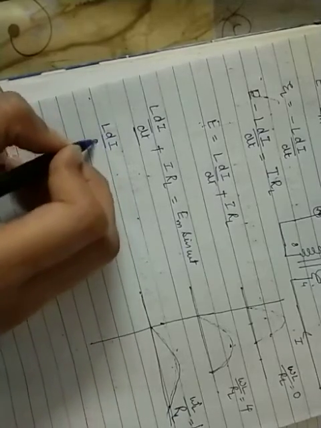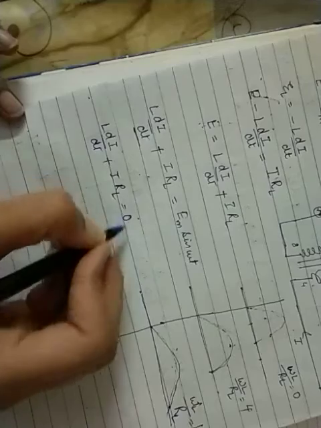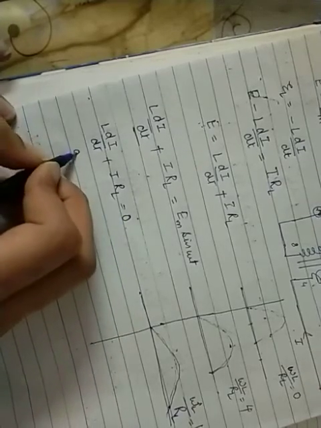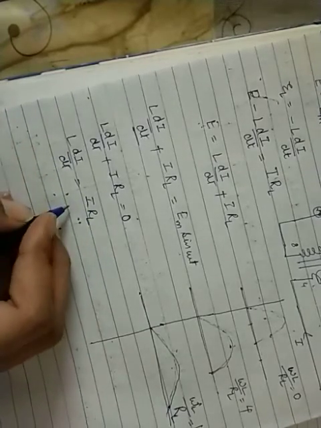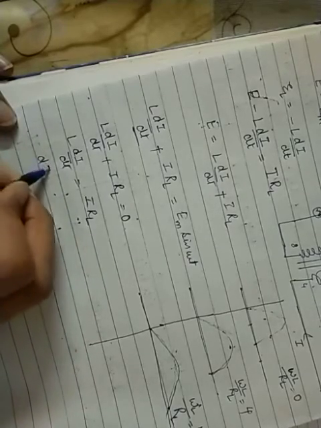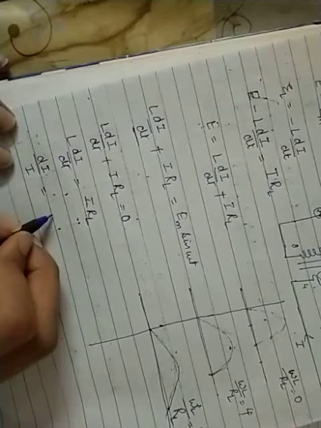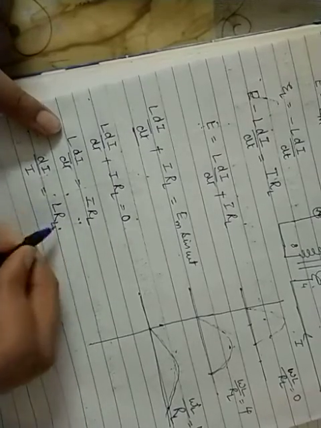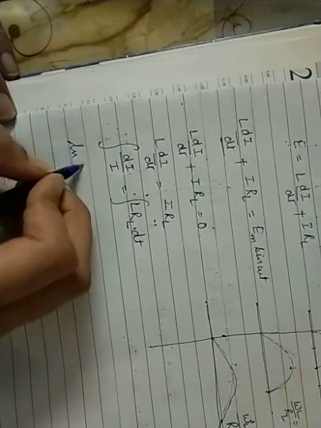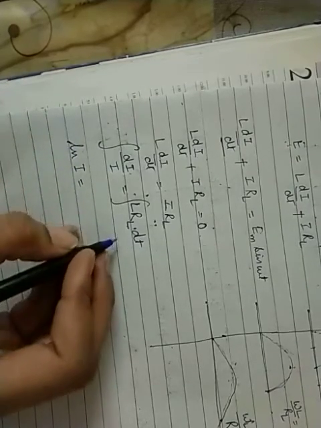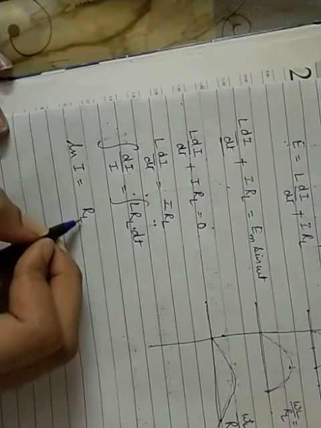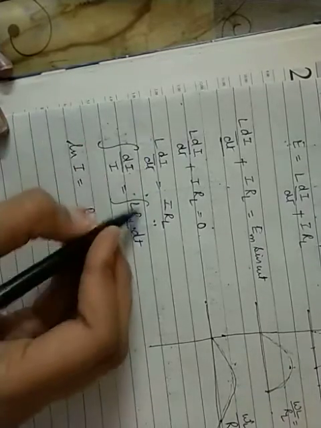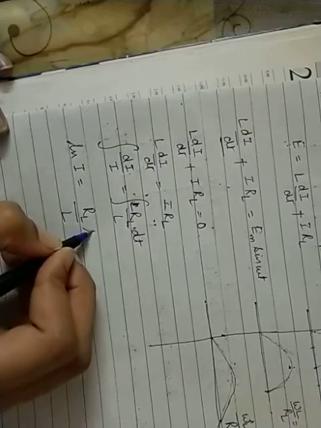So we have L di by dt plus I RL equal to 0, and from that we can write L di by dt is equal to minus I into RL, and then we have di upon I is equal to minus RL upon L dt, and simply integrating both, we will have log of I equal to minus RL by L into t.